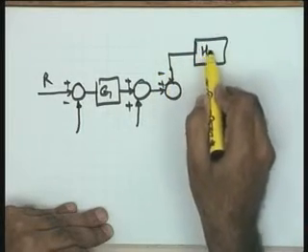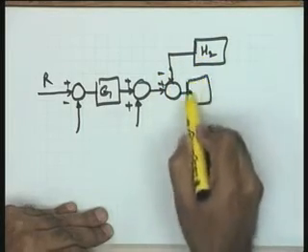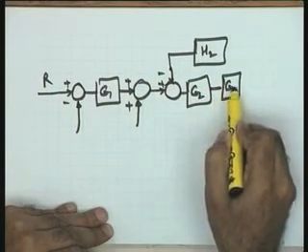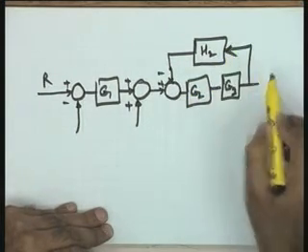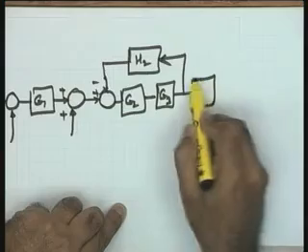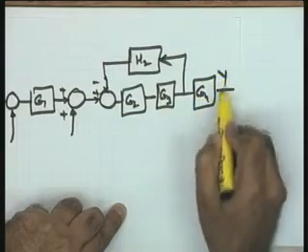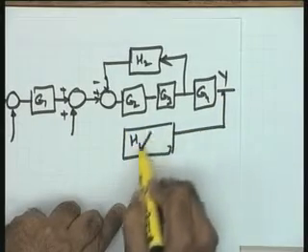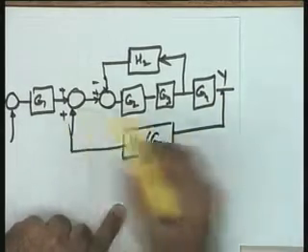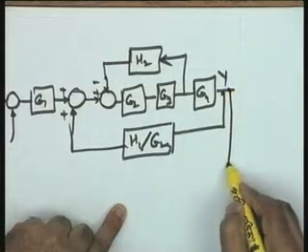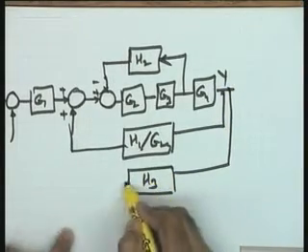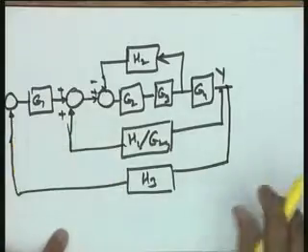Here now it is H2 only, it is G2, and here I am writing as G3. I pick up a signal from here. Let me take this a little this side. This is G4, this is my signal Y, a signal picked up from here, it is H1 by G2 goes here. Let me use a different point here, and H3 is the primary loop.